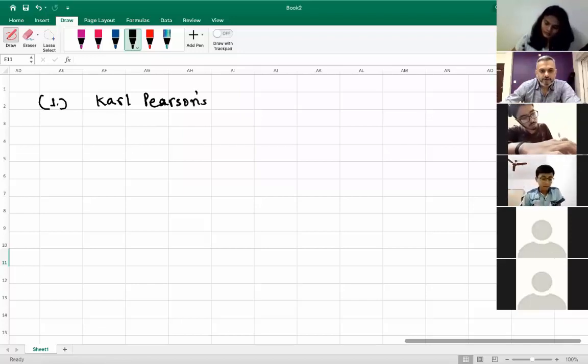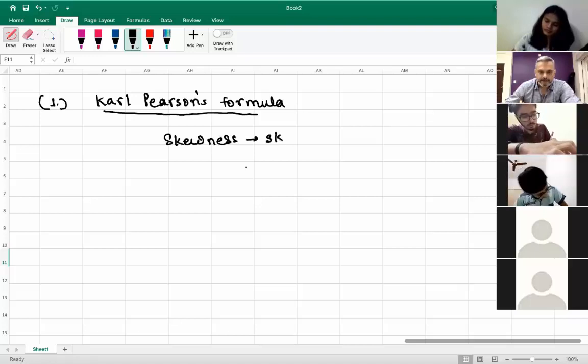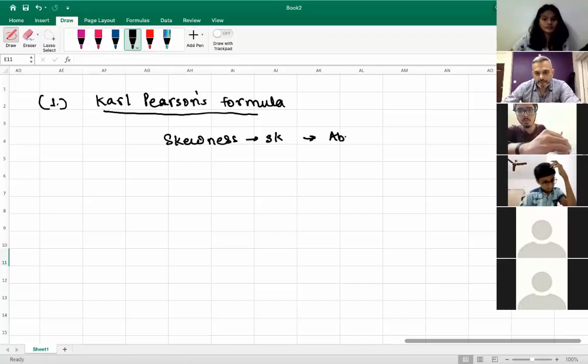Karl Pearson's formula. Now, Karl Pearson formula for skewness. For skewness we use the symbol small sk. But skewness small sk is an absolute measure.